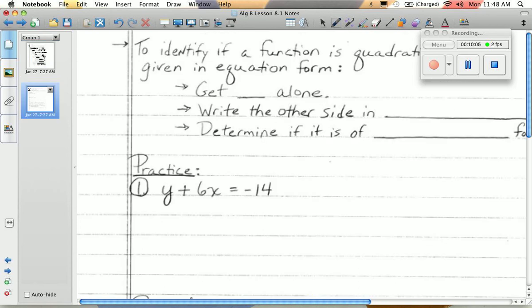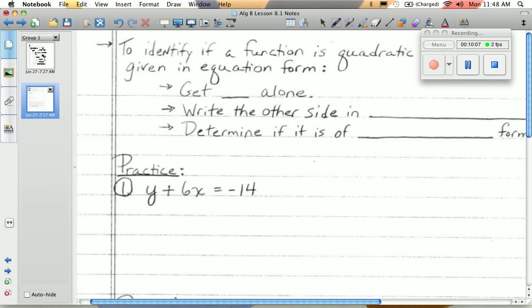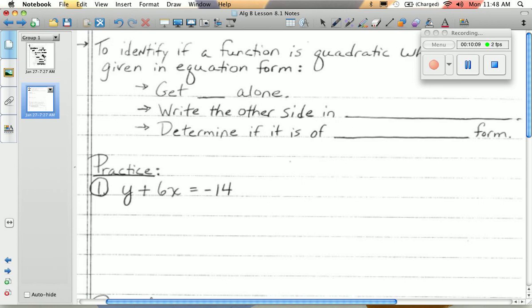Okay, let's go to the back side, and let's figure out how do we identify if a function is quadratic when it's given in equation form. So in other words, we don't have a graph to look at and say, oh, that's a U, that's quadratic. If we don't have a graph to look at, and I know how well you like to graph, if you want to be able to identify it just from the equation alone and not have to graph it, we got to have a method to do that. So what we're going to do is we're going to get the y alone.